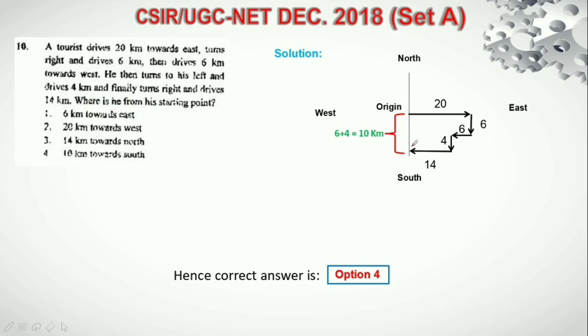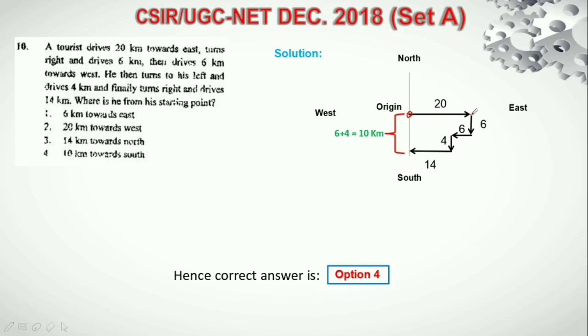So let us first draw a diagram for this. So this is the origin. So the driver first drives towards east and distance covered by him is 20 kilometers. So this will be the position after covering 20 kilometer distance. Then the driver turns right.